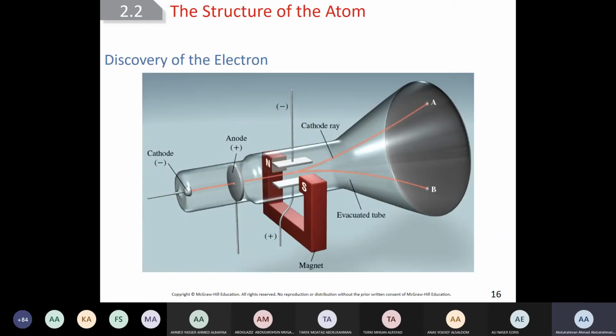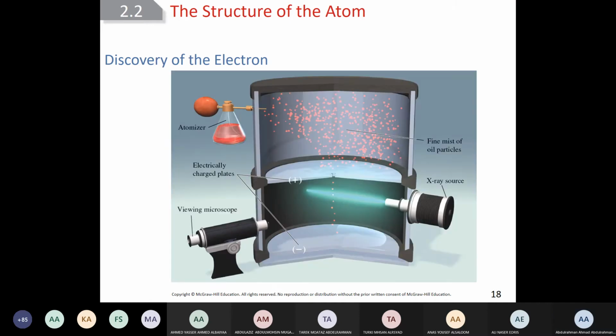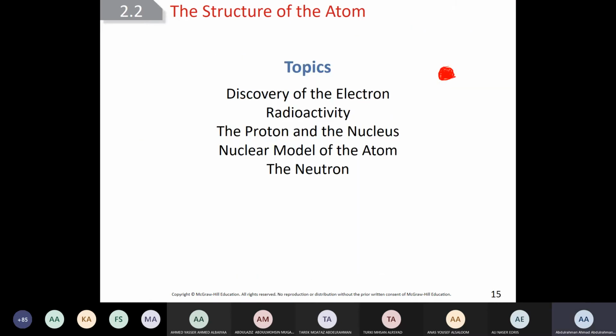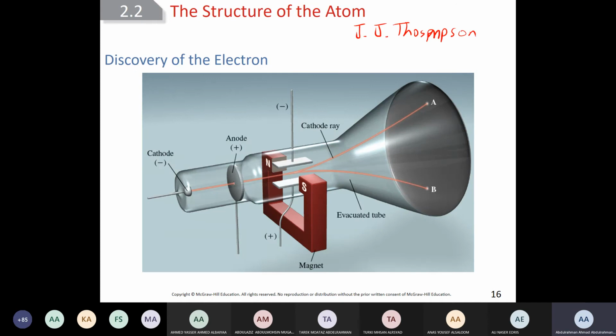Until a scientist came, his name was Thomson. You have to memorize the name. J. Thomson. Okay, you have to memorize the name, Thomson.